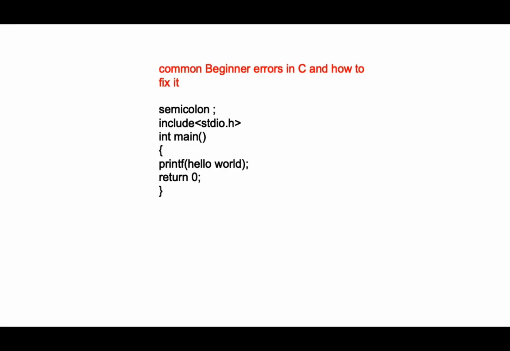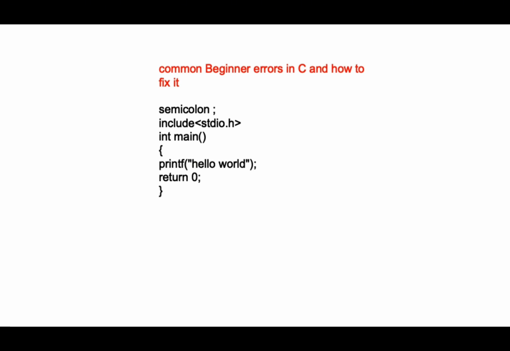Hello world is undefined, it doesn't know what it is, because that's what I said in my first video, that every symbol you use has meaning, and C needs these symbols to understand what you're trying to tell him to do. So if you don't put this, then C doesn't know if you're trying to tell him to say hello. You have to put this to let him know that this is what you want him to say.